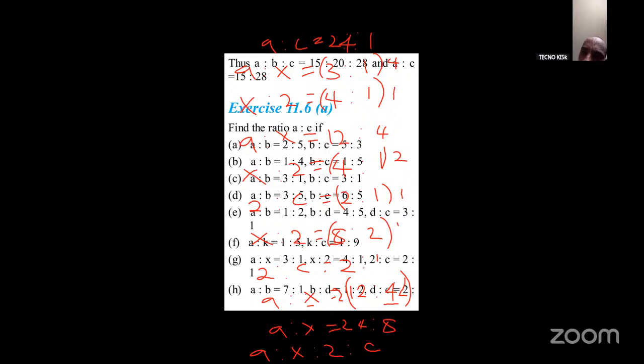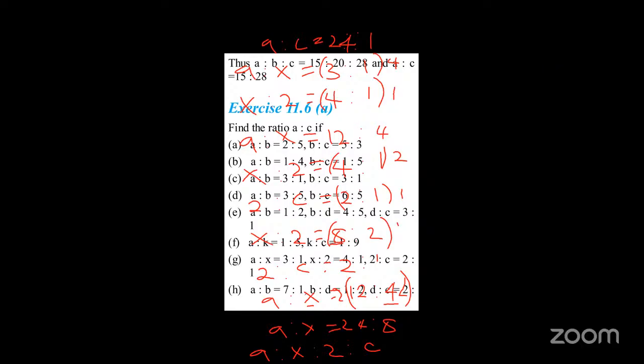Mwalimu, kuna hii mahali ya wakati tulipata A is to X 12 is to 4 and then X to 2 4 is to 1. Alafu tukaenda the ratio of 2 is to C is equals to 2 is to 1.